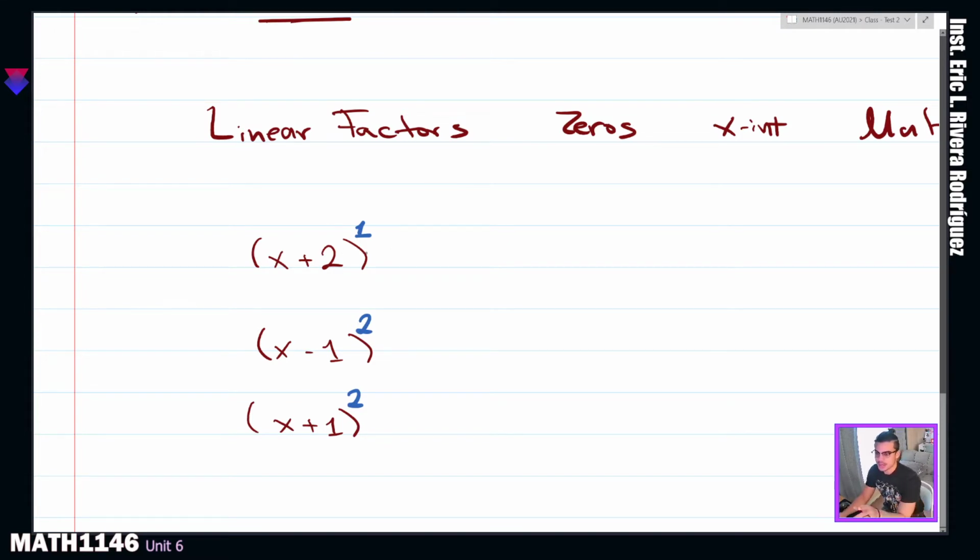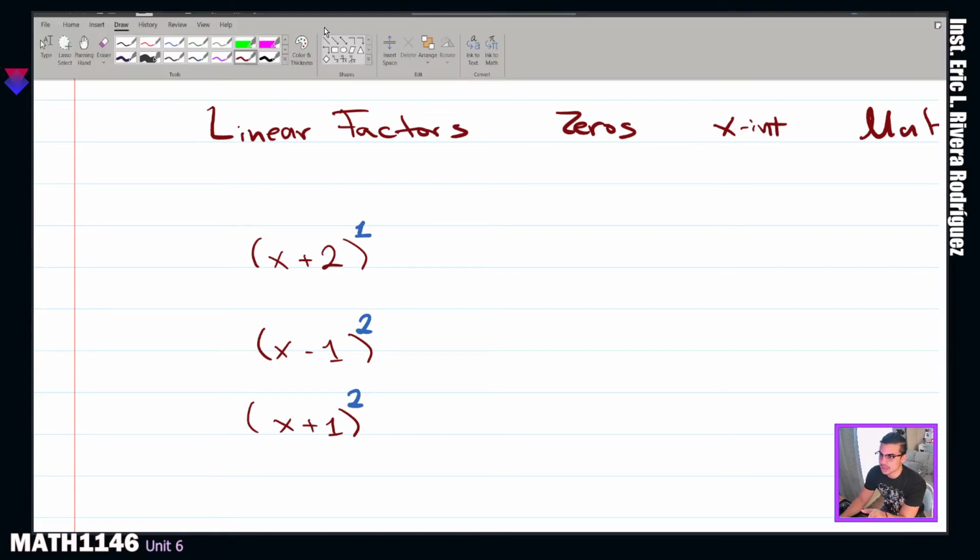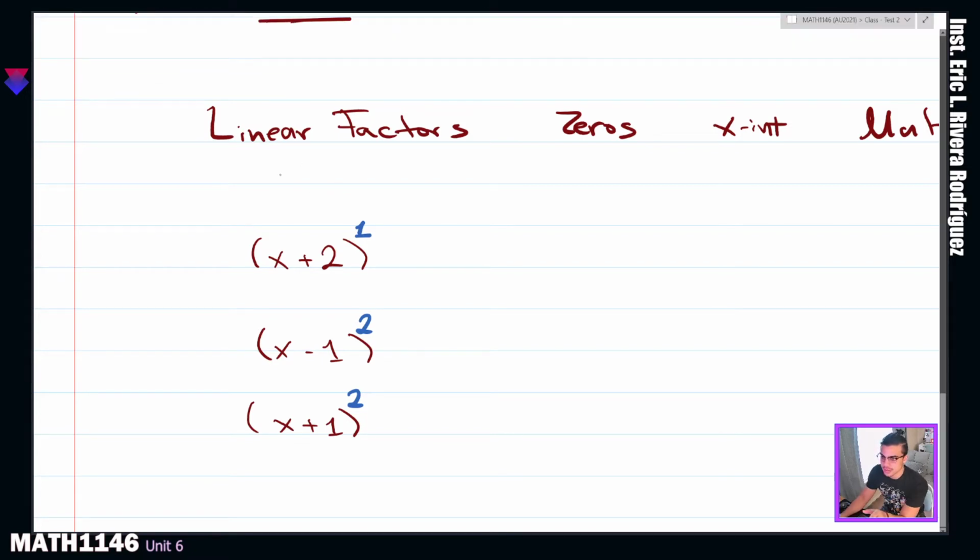All right, so the zeros. The structure of a linear factor is that it is x minus r, r being the zero of the polynomial, or the root of the polynomial. Hence, we got a zero of x equal r, right? So the opposite value of minus r, because if we add r, r minus r is going to be zero.